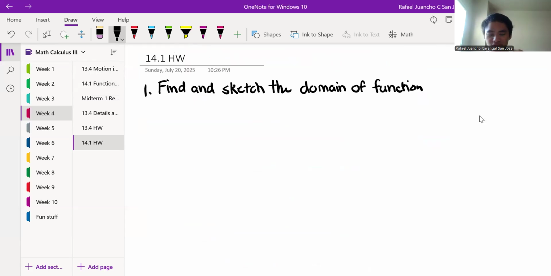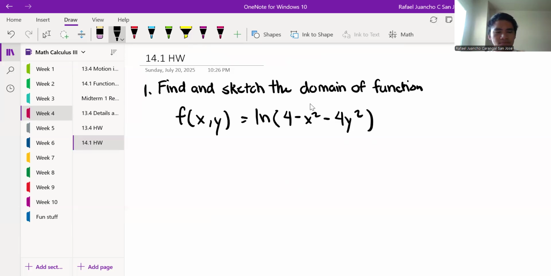And this function is f of two independent variables x and y is equal to the natural log of 4 minus x squared minus 4y squared. Okay, so how do we find and sketch the domain of this function?